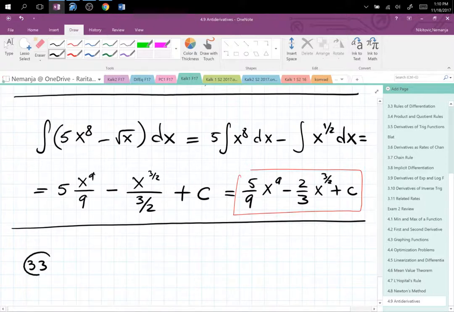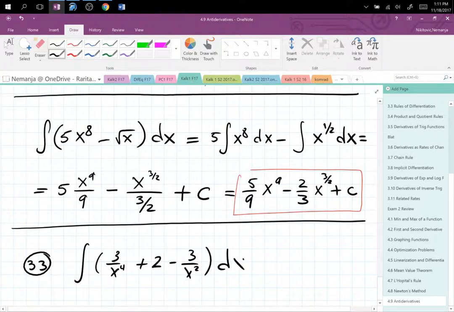You're going to love this. Remember, step number 1, rewrite, so get it in a form that makes sense. Integral, open parenthesis, 3 over x to the 4th plus 2 minus 3 over x squared dx.